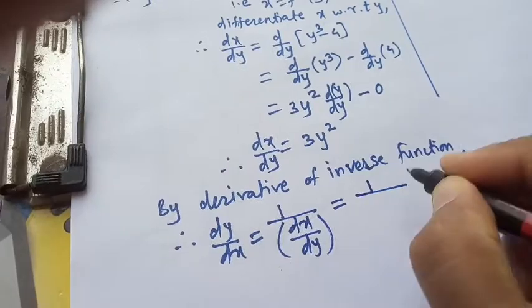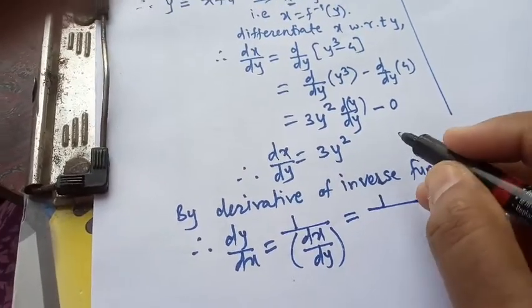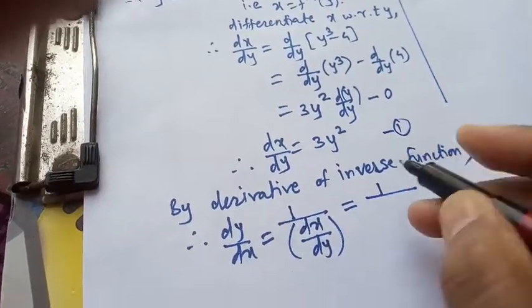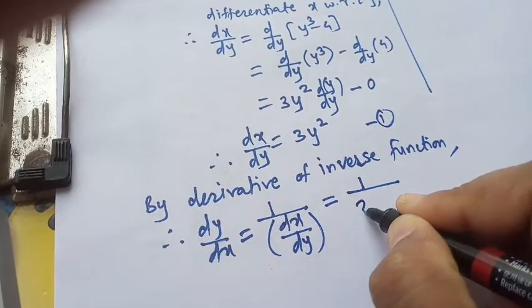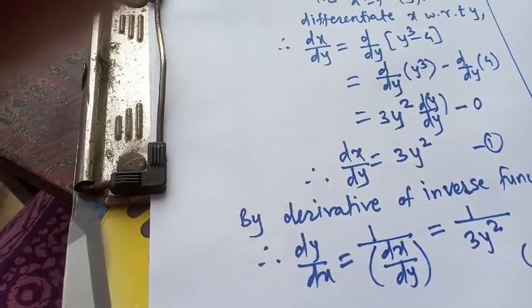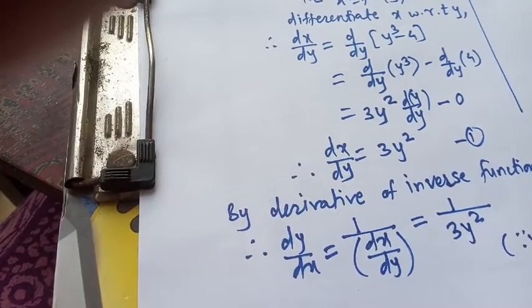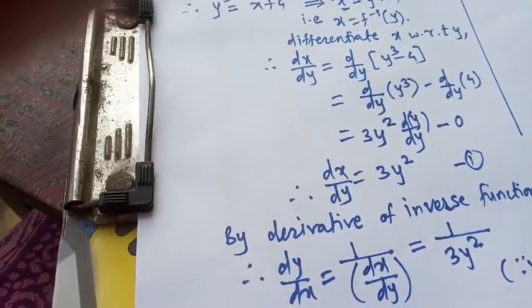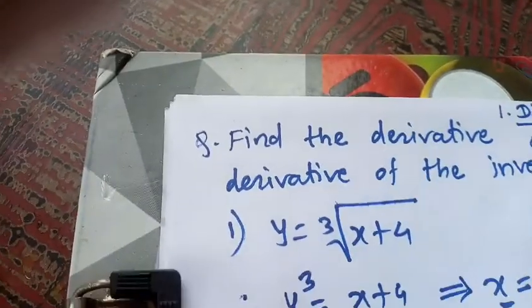So here we can put the value of dx upon dy, that is 3y square, but we have y is equal to the cube root of x plus 4.